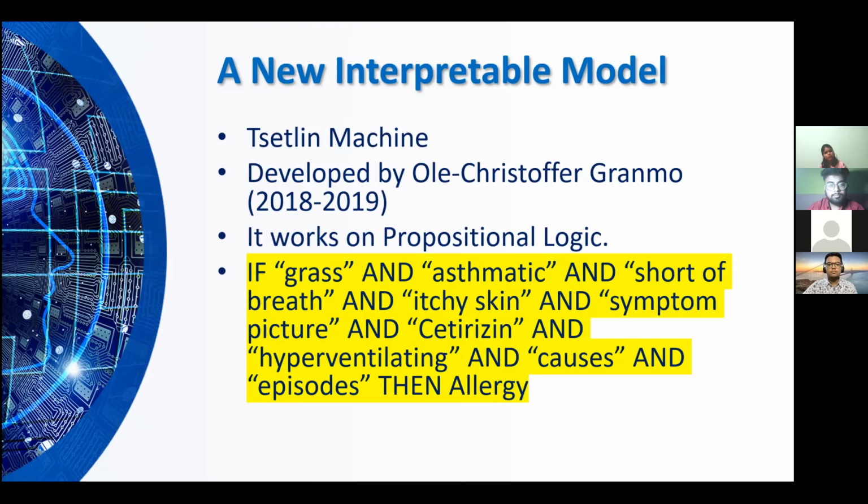So let's say you want to determine whether you have an allergy or not, and you provide the features. The Tsetlin Machine will give you an explanation like: if itchy skin, symptoms, and cetirizine, hyperventilating, then you have an allergy. So it gives you some kind of explanation based on what data or features you provide to the model.